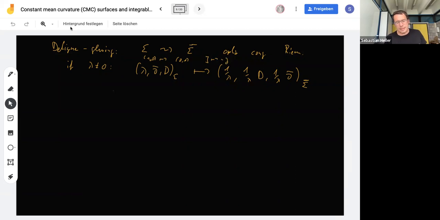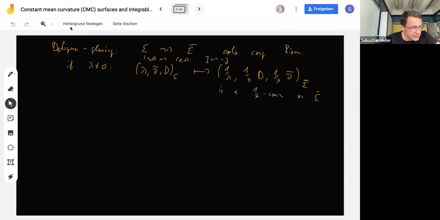And from that, we simply can compute that 1 over lambda d and 1 over lambda del bar is a 1 over lambda connection on sigma bar. And we automatically have flatness.